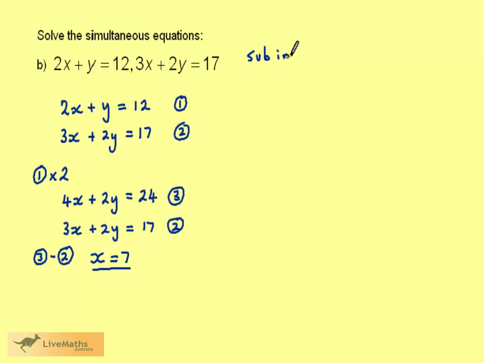In this case, I'm going to substitute into number 1. If x is 7, 2 7s are 14, so I have 14 plus y is equal to 12. Taking 14 from both sides gives y is equal to minus 2. So my final solution is x is 7 and y is minus 2.